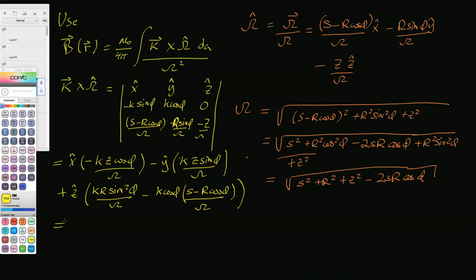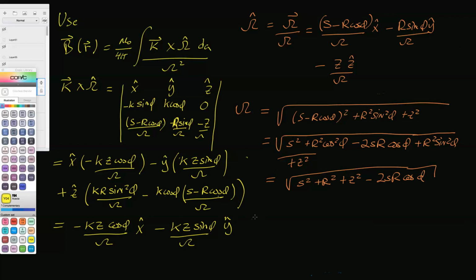Okay, so we have negative K Z cosine phi over omega in the x hat direction. We have negative K Z sine phi over omega. Let me double check. K Z sine phi, yes, over omega in the y hat direction. And then in the z hat direction, we have K R sine squared. We're going to get K R cosine squared with the positive sign.